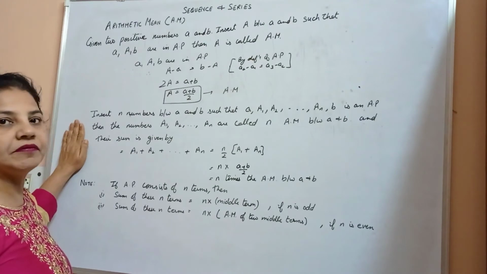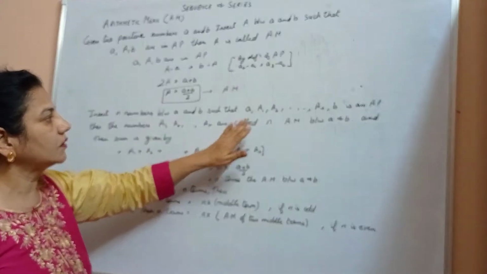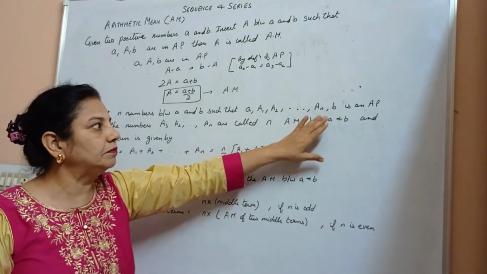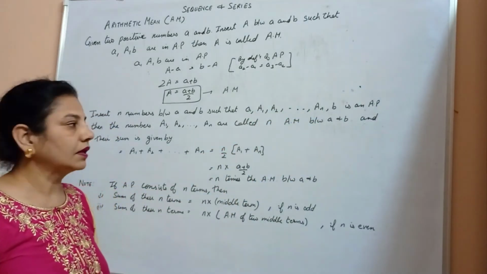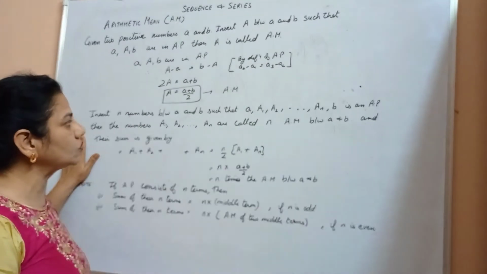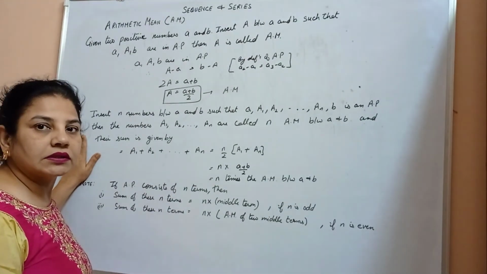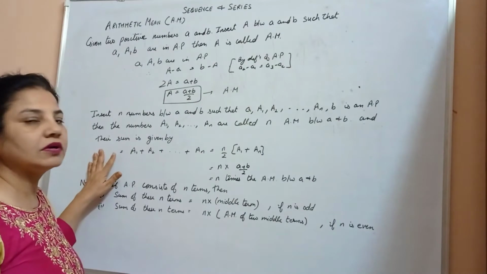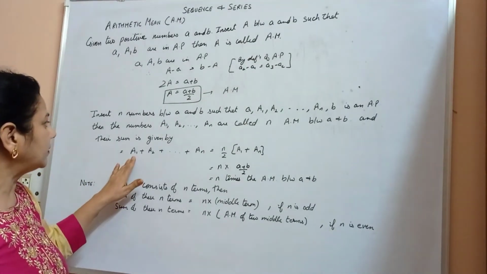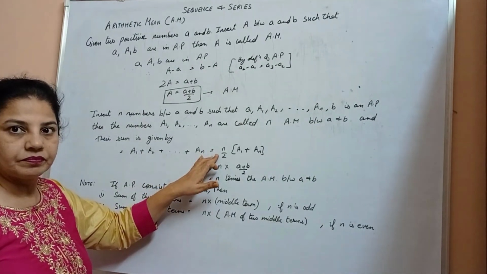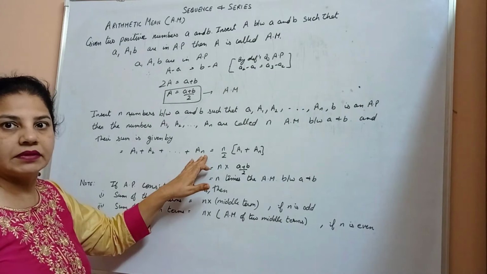Insert n numbers between a and b such that a, A1, A2 and so on up to An and b are in AP. Then the numbers A1, A2 and so on up to An are called arithmetic means between a and b, and the sum is given as A1 plus A2 and so on plus An is equal to n by 2, as there are n arithmetic means.